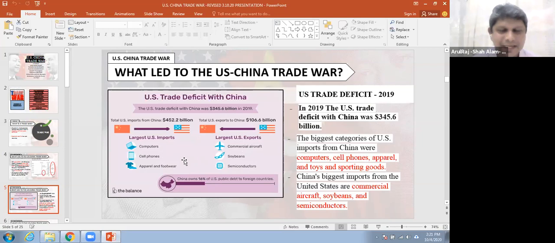So from here, we can see a one-sided trade. We reckon that the trade war is triggered by this unbalanced trade between the two countries. So we'll go to the next slide.